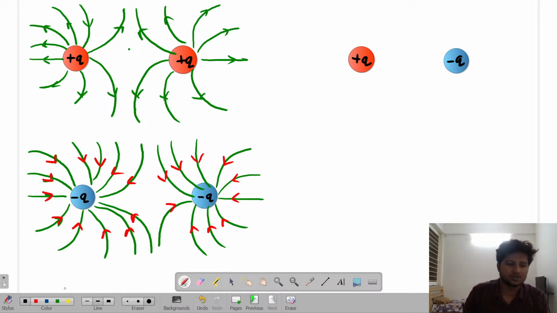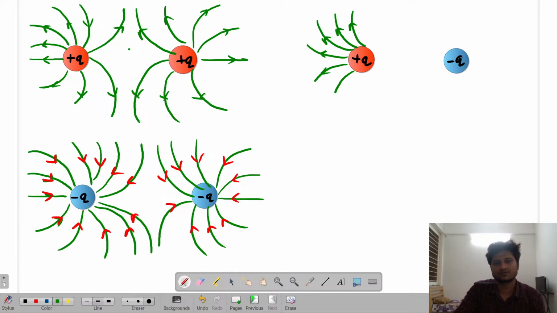So what you are going to observe is that for positive charges, it will definitely come out, isn't it? And then, due to the presence of the negative charge, these field lines will start originating from plus q, and they will start terminating on minus q.